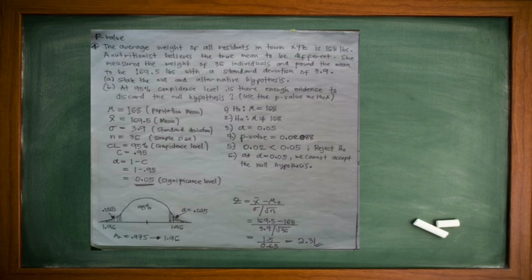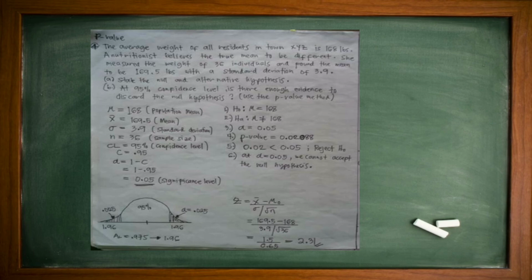She measured the weight of 36 individuals and found the mean to be 169.5 pounds with a standard deviation of 3.9. Okay, so letter A, state the null and alternative hypothesis. And then letter B, at 95% confidence level, is there enough evidence to discard the null hypothesis? Okay, use the p-value approach method.